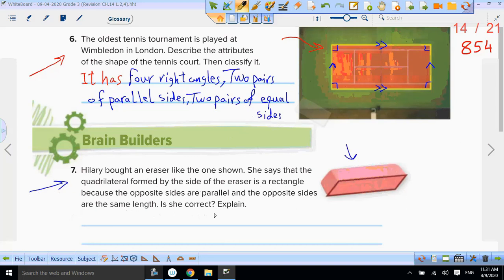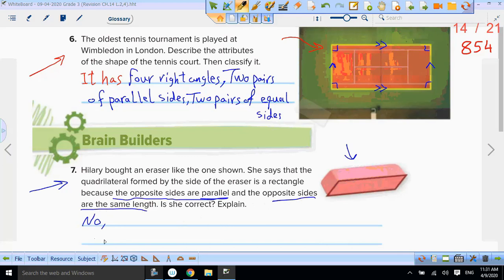Is she correct? I think that she is not correct. Why? Because this is not a rectangle. It has parallel sides. Each 2 opposite sides are parallel, and also each 2 opposite sides are equal in length.